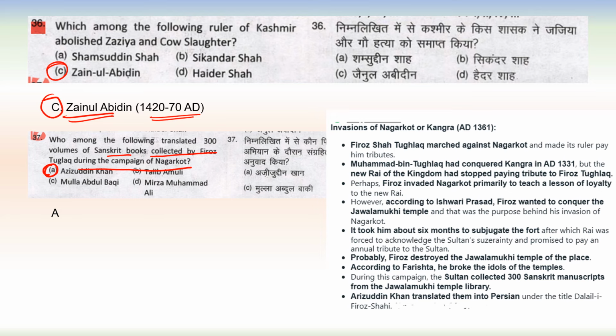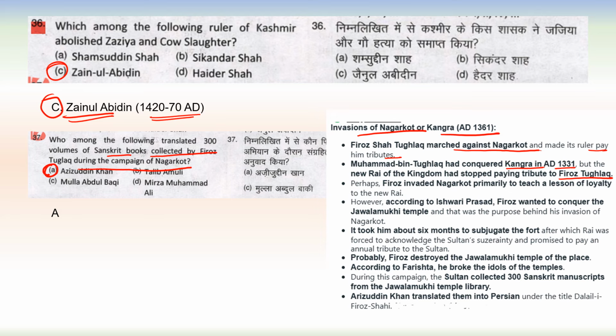So let's read about the invasion of Nagarkot or Kangra in 1361. Firoz Shah Tughlaq marched against Nagarkot and made its ruler pay him tribute. Muhammad bin Tughlaq had conquered Kangra in 1337, but the new Rai of the kingdom had stopped paying tribute to Firoz Shah Tughlaq.